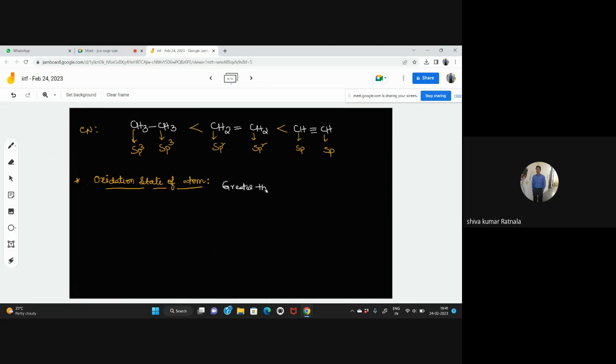Greater the oxidation state of the atom, the less its size. Greater the oxidation state of the atom, greater is the electronegativity.